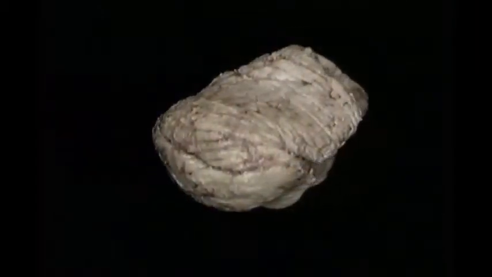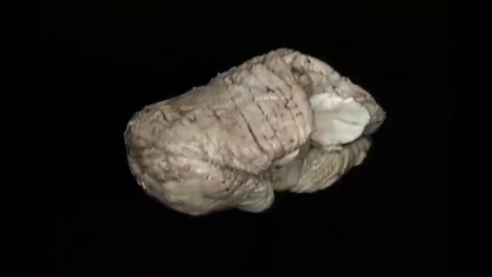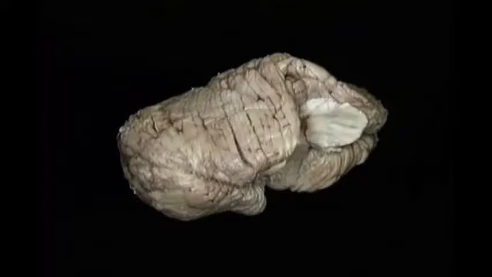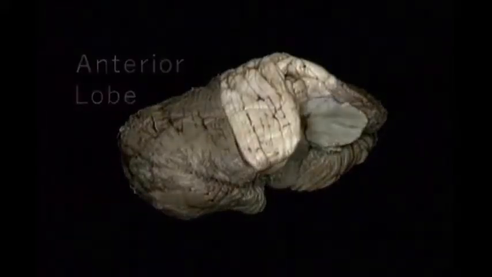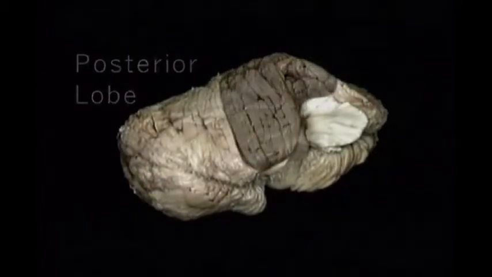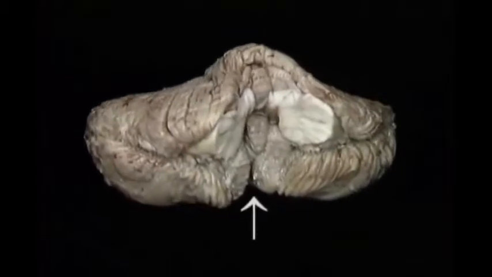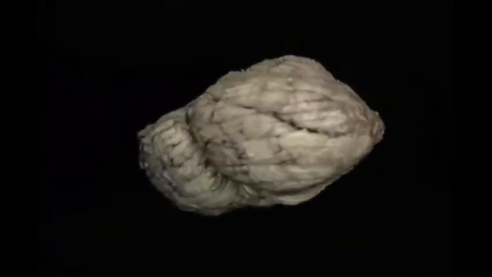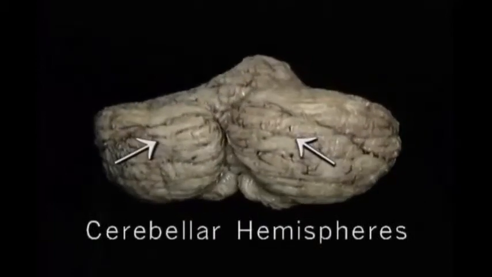The surface of the cerebellum is marked by many parallel fissures, some deeper than others. This deep primary fissure divides the cerebellum into a small anterior lobe and a large posterior lobe. A deep groove on the underside partially divides the cerebellum into two hemispheres.